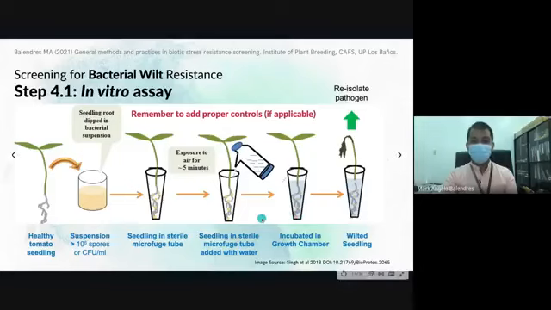Now you will ask, why do I have to leave this plant for 5 minutes exposed to air? Why not just immediately put it in the water? Well, there is a study that finds this method more efficient in screening for resistance.